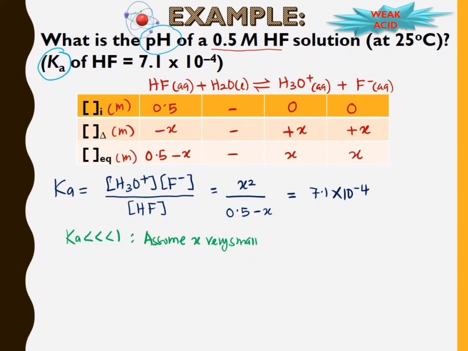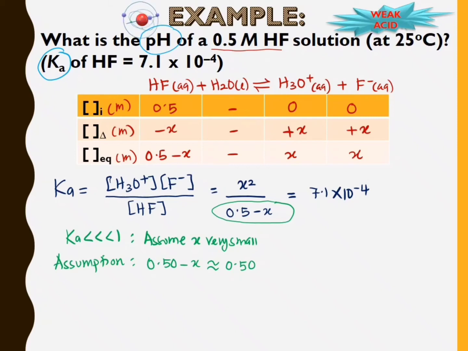So bila X terlalu kecil, kita boleh buat assumption dekat sini. 0.50 tadi tolak X, dia akan jadi 0.50 saja. X yang ada tolak X tu abaikan. Hanya yang bahagian bawah ya. Kita hanya assume yang bahagian bawah ini saja. Atas tak jangan abaikan semua, kalau tak macam mana nak kira nanti.